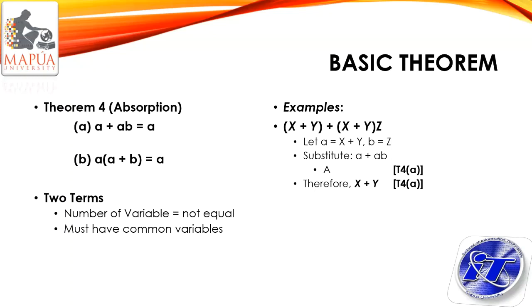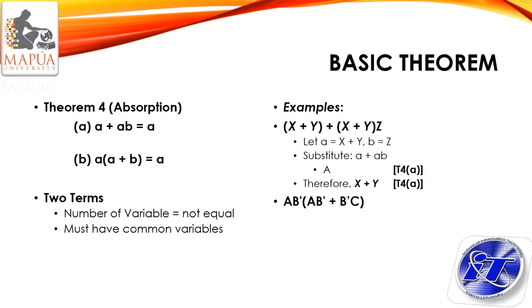Okay, that's form A. Another example, AB naught ORed to AB naught C. Do we have a common variable? Yes, AB naught. In these two terms, do we have the same number of variables? No. One is 2, one is 3. So therefore we could implement theorem number 4.